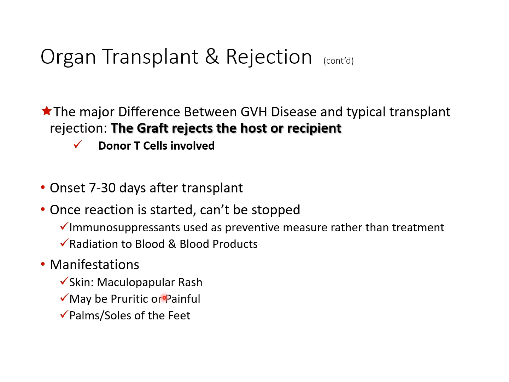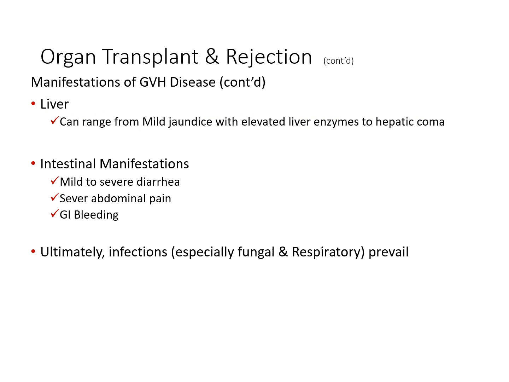Some of the manifestations you're going to see: a rash that could be pruritic, painful on the palms or the soles of the feet. Any of this is possible. Okay, more manifestations.